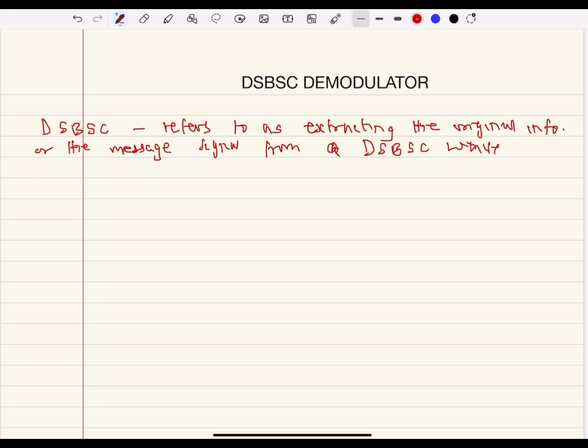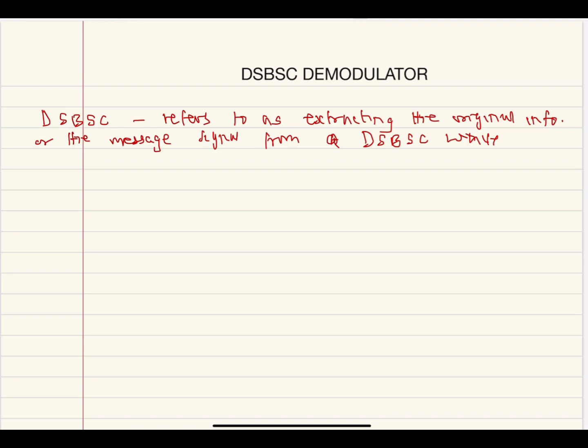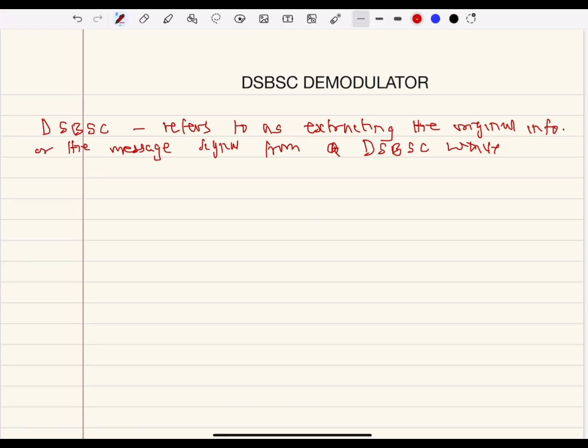So when you get such a DSBSC wave, you need to use a DSBSC demodulator to extract the original information. You don't expect to use a square law demodulator to demodulate it, because the square law modulator was used for the wave where the carrier frequency was part of it. Here we suppress the carrier, and therefore we need to talk about its demodulator aspect.